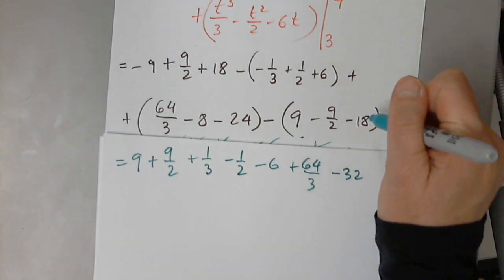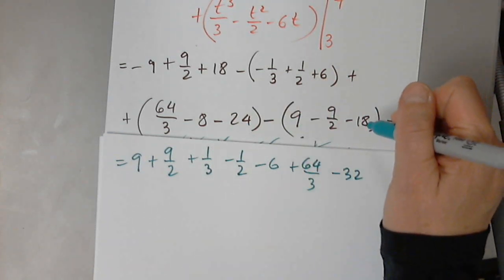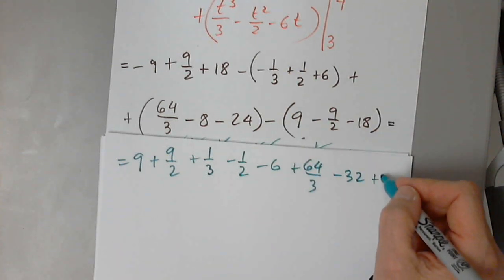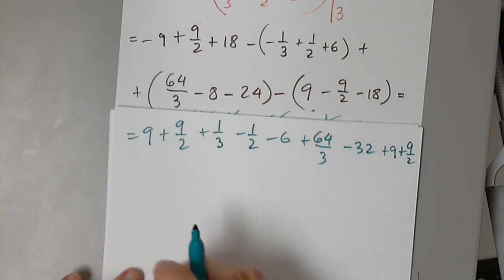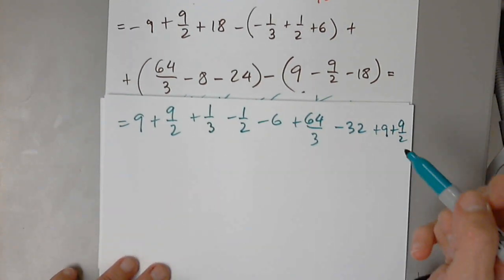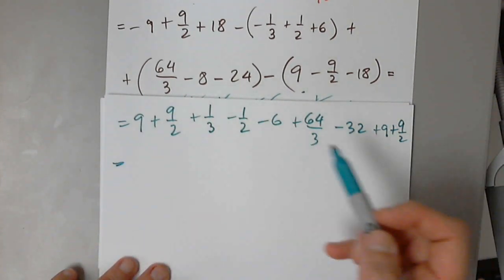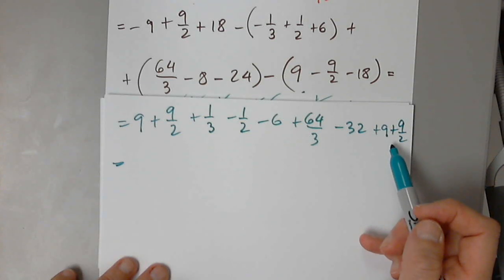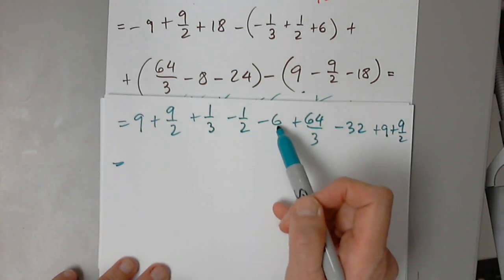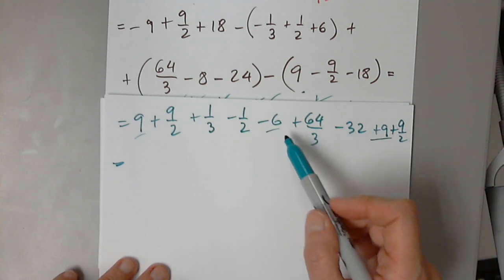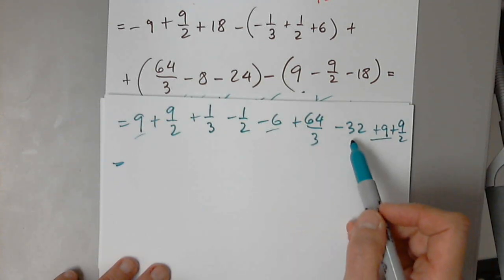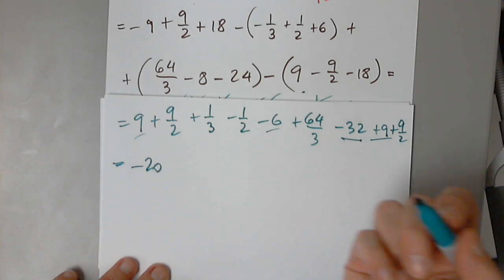And this 9 minus 18 is negative 9. But with minus in front will be positive 9. And this one will be positive 9 halves. So 9 plus 9 is 18. 18 minus 6 is 12. Negative 32 plus 12 is negative 20.